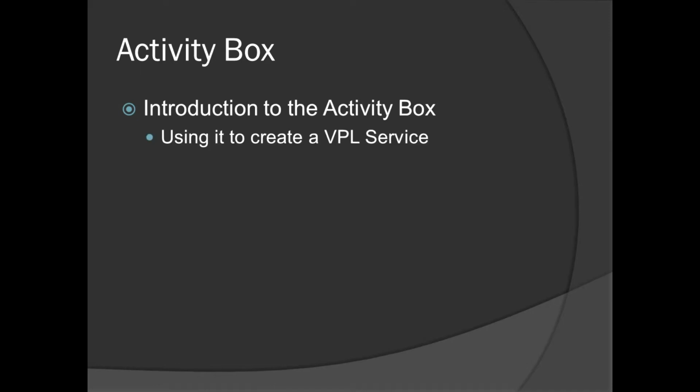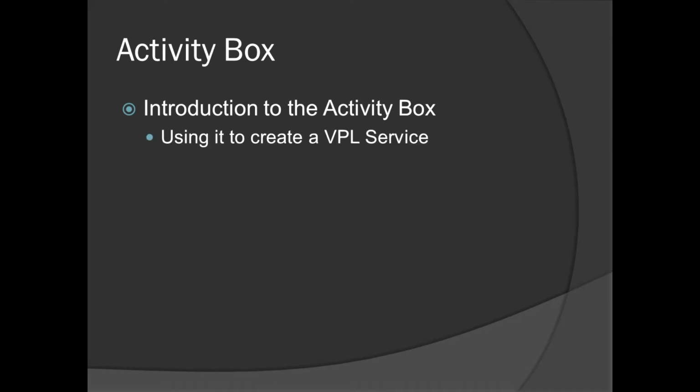And so to do that, we're going to go through a couple of videos and give some brief introductions for things that you need to know in order to get to the Kinect service point. So the first one we're going to talk about is the activity box. Today we're going to talk about an introduction to the activity box and how we use it to create a VPL service.